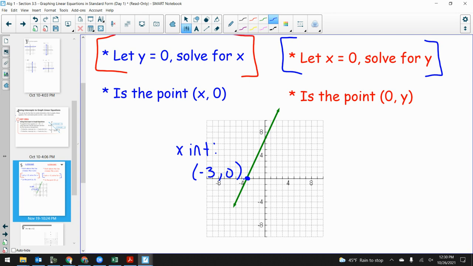Here's the y-intercept, with coordinate 0 comma 7. Notice where the zeros are. The 0 goes in for the y coordinate on the x-intercept. The 0 goes in for the x coordinate on the y-intercept.